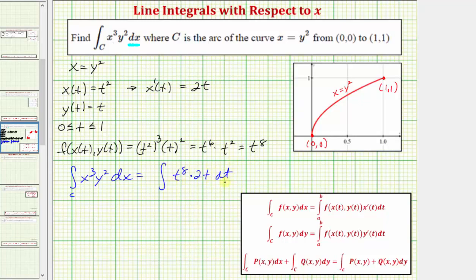And now for limits of integration for t, we'll integrate from 0 to 1 to trace out this curve. So simplifying, we have the integral from 0 to 1 of 2t to the ninth dt. Let's go and evaluate this on the next slide.